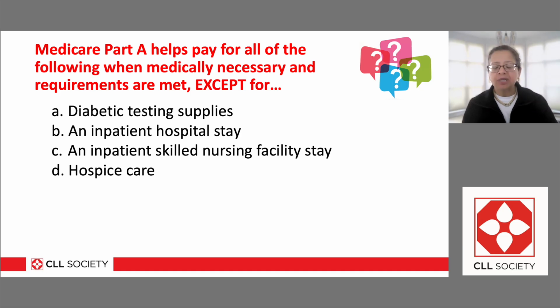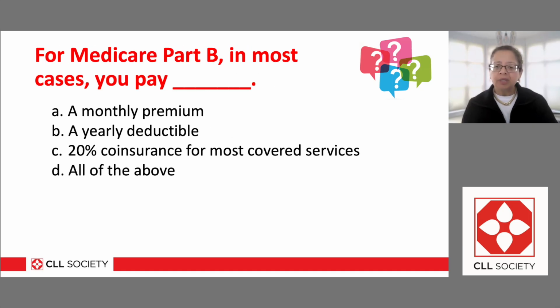Which of these does Medicare Part A not pay for? And then Part B. In most cases, you, the patient, pay for a monthly premium, a yearly deductible, 20% co-insurance for most covered services, and all of the above.